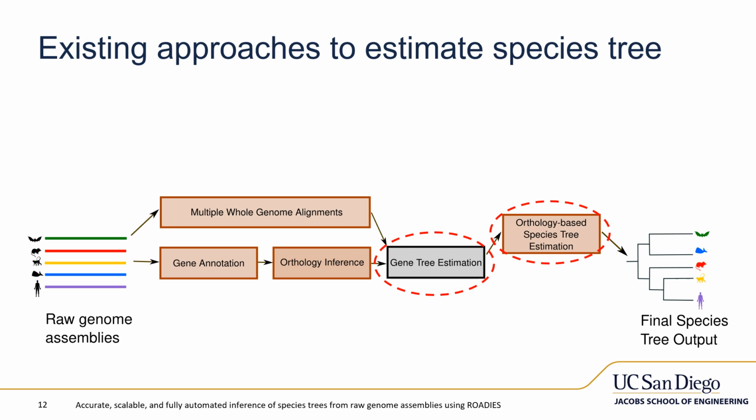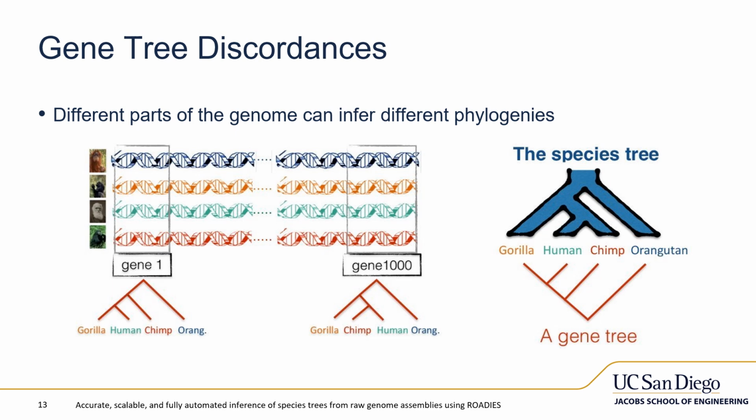Here, most existing works focused only on single copy gene trees, which are reconstructed from the set of orthologous genes. Also, why have gene tree estimation and species tree estimation been done in two steps? Because of the presence of gene tree discordance, where different genes in a genome can have different evolutionary histories. To get around that, there are various discordance aware tools available these days.